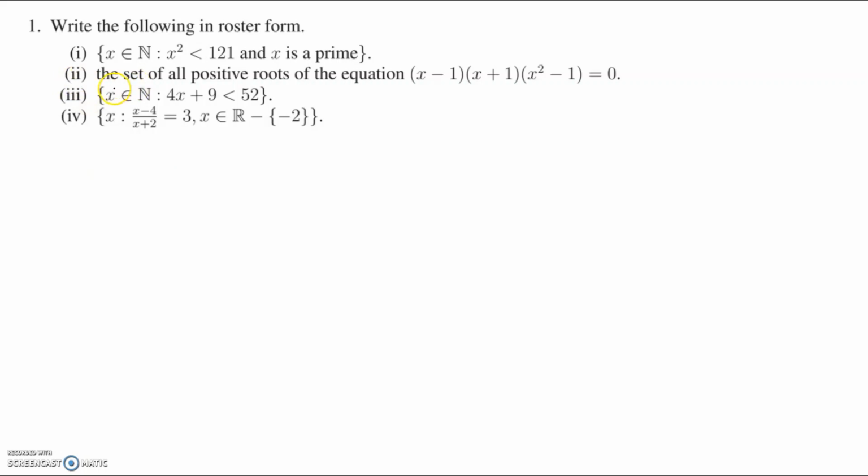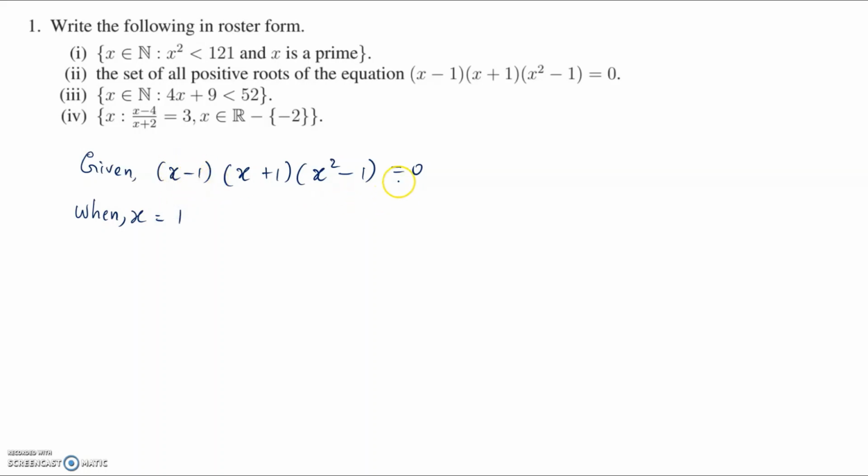Let's take the second one, which is the set of all positive roots of the equation (x minus 1)(x plus 1)(x squared minus 1) is equal to 0. So you are given the condition (x minus 1)(x plus 1)(x squared minus 1) is equal to 0. So when can you have this to be equal to 0? When x is equal to 1, then 1 minus 1 will become 0.